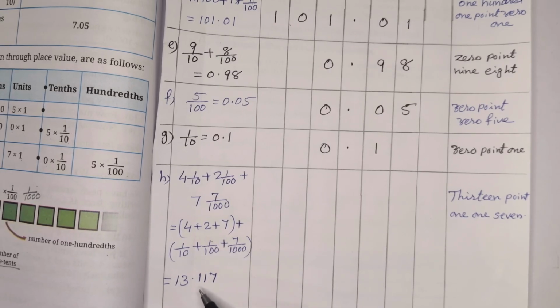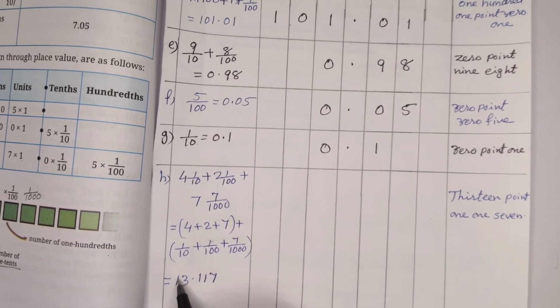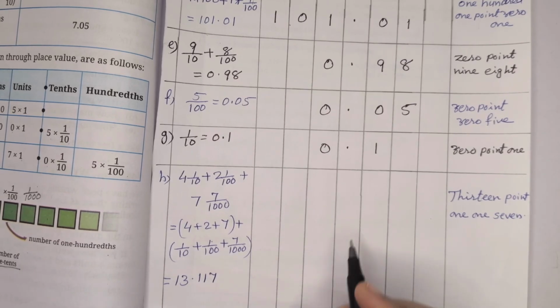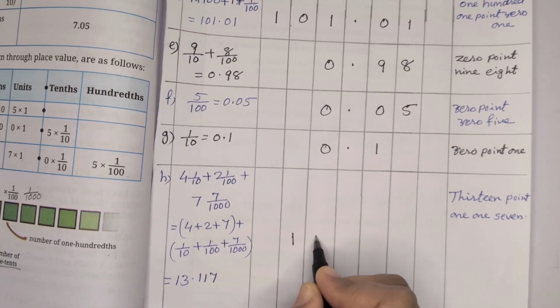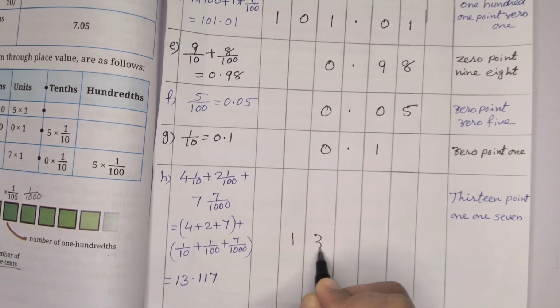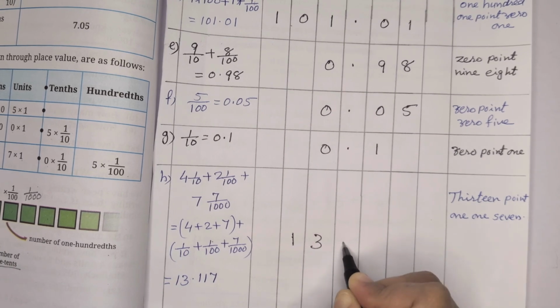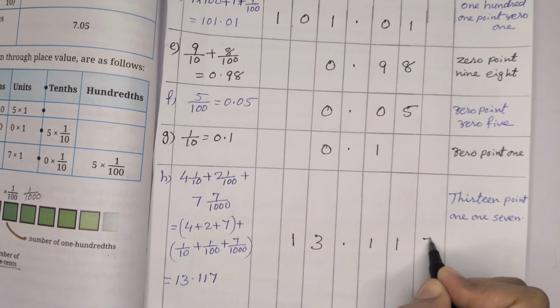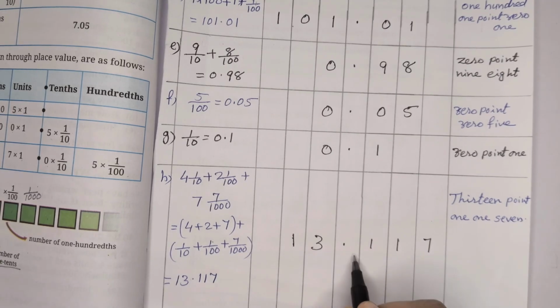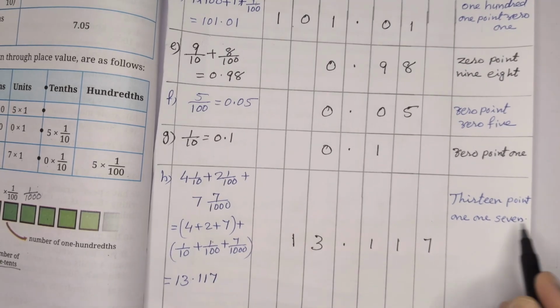So the number is coming 13.117. 3 in unit place. Then decimal point. 1 in tenth place, hundredth place, thousandth place. So 13.117.